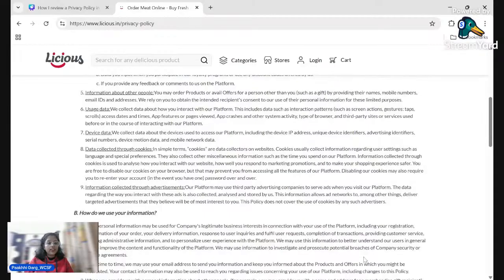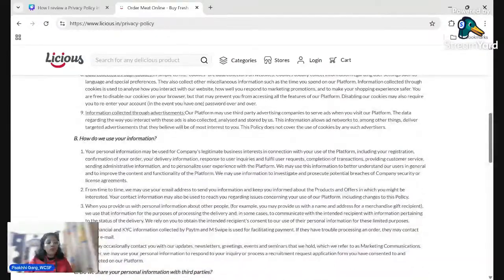Now, I'm going to move on with one of the very important steps, which is purpose of collection, which means how do we use your information or your data. Now, I'm going to check whether the purpose is actually clearly defined or not. Licious actually explains the purposes that they are collecting the data for: registration, confirmation of the order, delivery, payments, sending any kind of transactional messages or other sort of communication, and analytics.